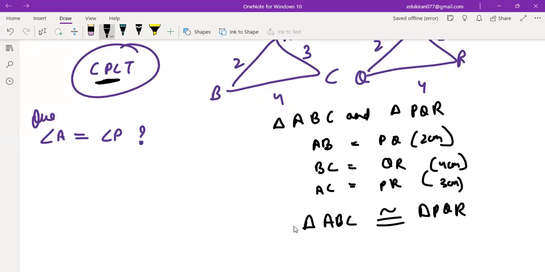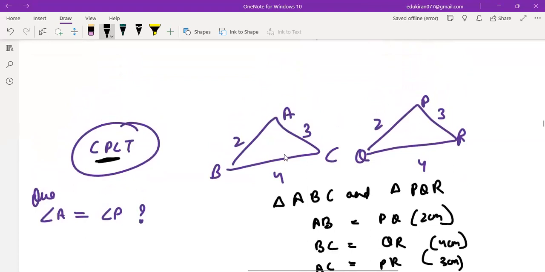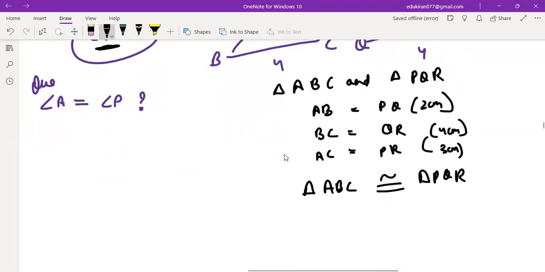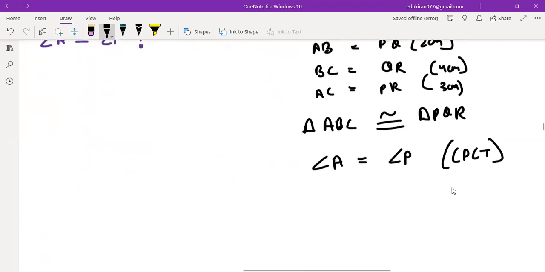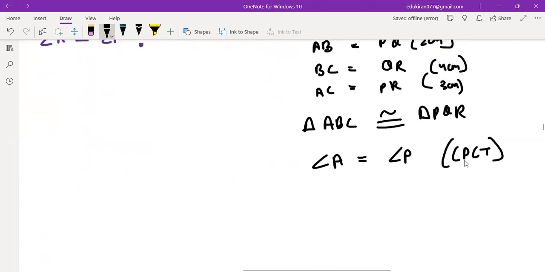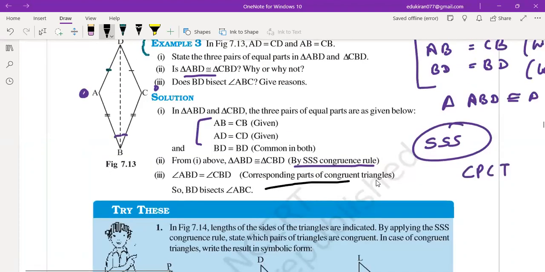Now, once you prove that these triangles are congruent, all the corresponding parts will be equal. So now you can write, yes, angle A is equal to angle P. Why? You will write CPCT, because they are the corresponding parts of congruent triangles.